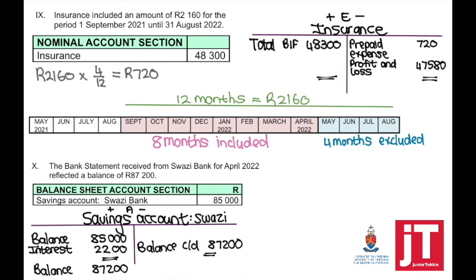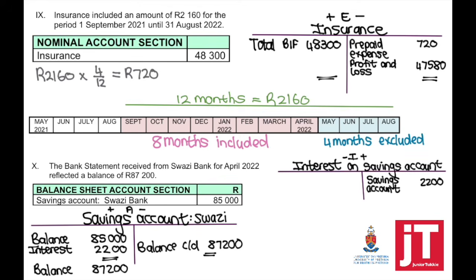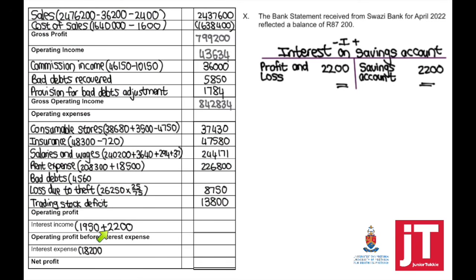Why is that? Because the business received interest on that savings account. Interest on savings account is an income to the business. It will form part of note number 1, interest income, which means that we are going to add it to interest income on our income statement.